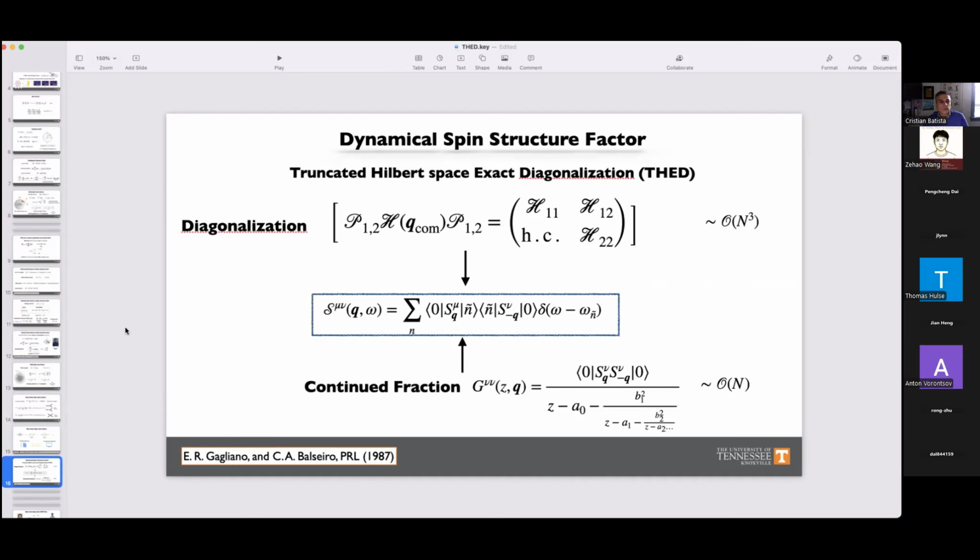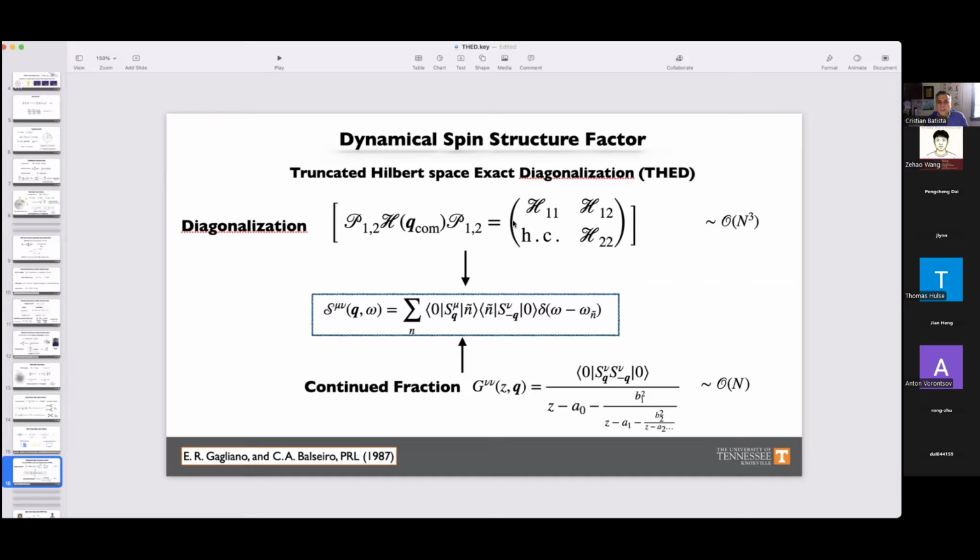What we do is we restrict the Hilbert space. Let's go to the case where we only have magnons. So we assume that we can have up to a certain number of magnons. Let's say you can have 1 or 2 magnons and no more than that. And then we fully diagonalize the Hamiltonian in that truncated Hilbert space, where we allow only up to a certain number of magnons.